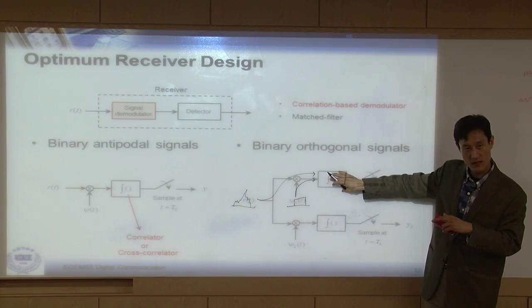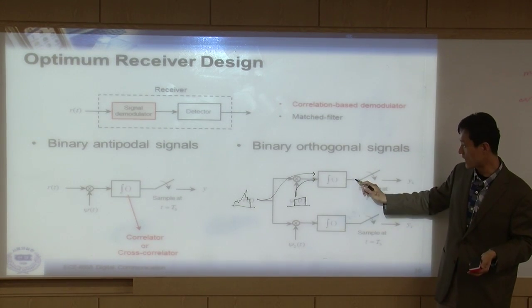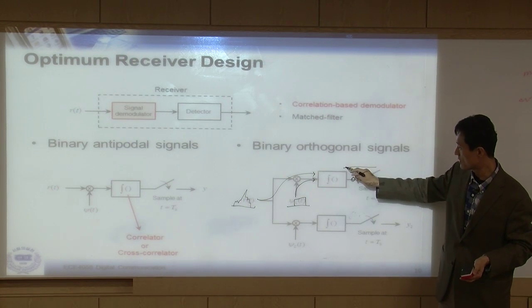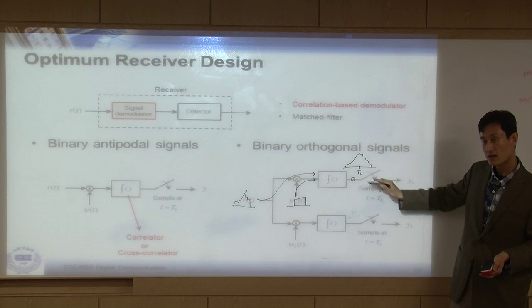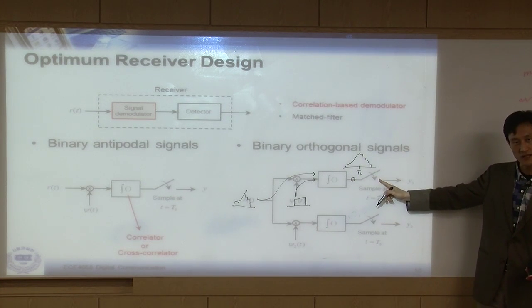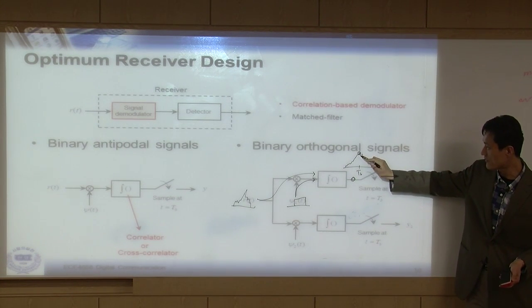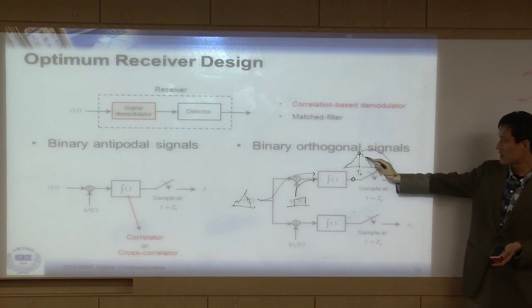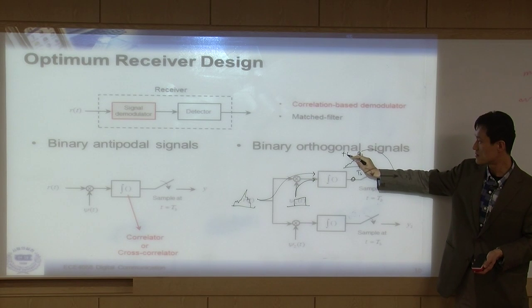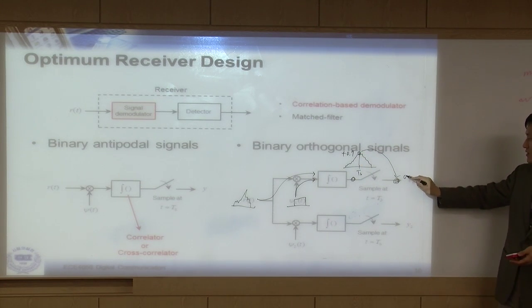But inside the correlator, we have a convolution. So the output right here is going to be somehow that kind of signal. And the middle point is TB. That's why we sample at TB. Then we're going to get this value right here. Something like, let's say, plus 0.7. Something like that.